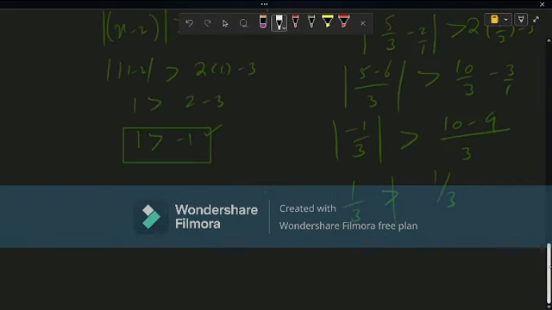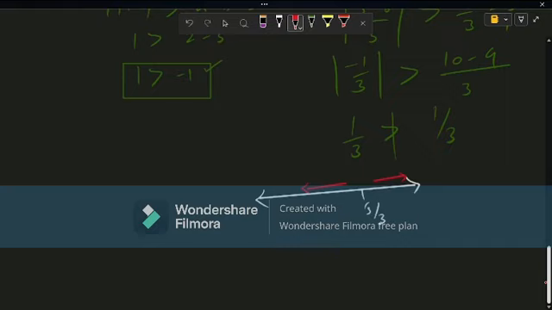Now check the behavior. This is my real line, and for example, here is my 5 by 3. You have to check the answer to the right of 5 by 3 and to the left of 5 by 3 and check whether it holds or not, because x equals 1 is fine, no issue.